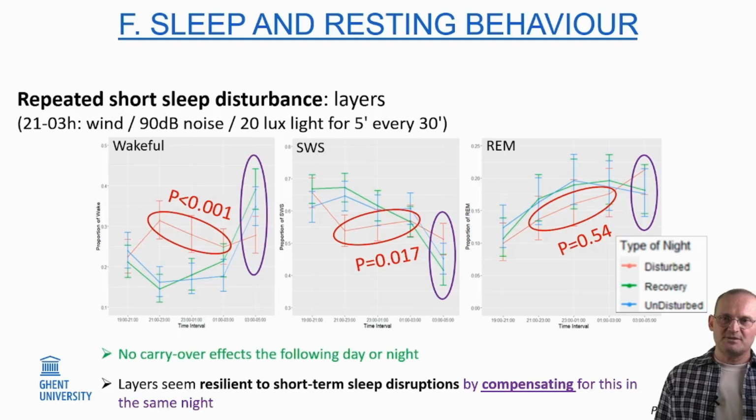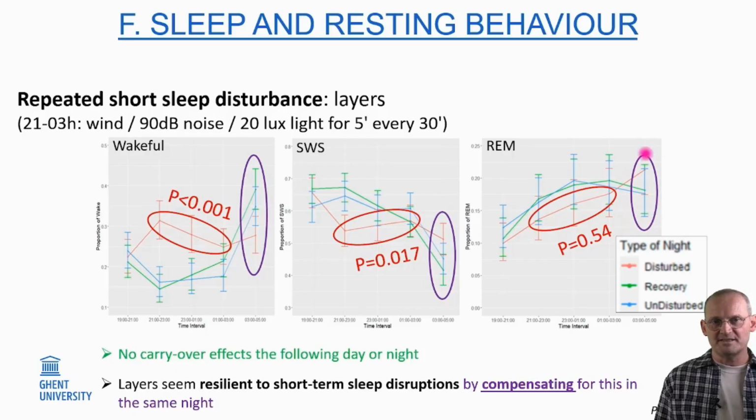The importance seemed to be that after 3 o'clock, they could compensate for the disturbances earlier that night. So we can see an increase in REM sleep during the late hours of the night, when there was no disturbance anymore.